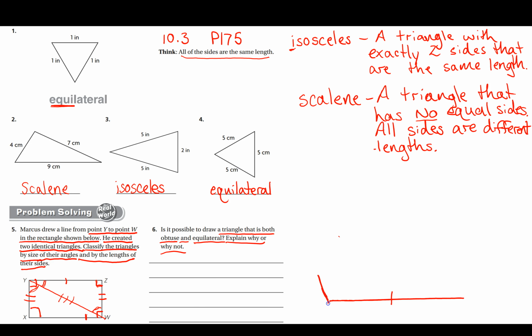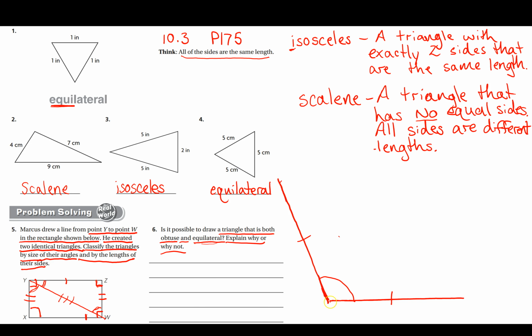Okay, so these two lines are the length of my Post-it note, and I have an obtuse angle here. So far, I'm equilateral, right? This line is the same length as this line.